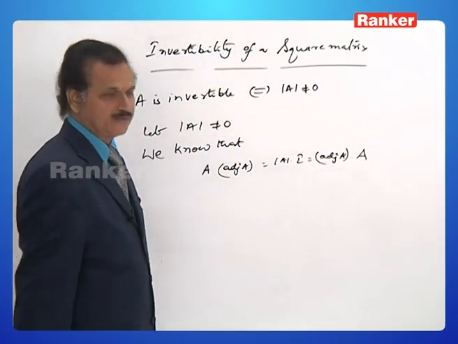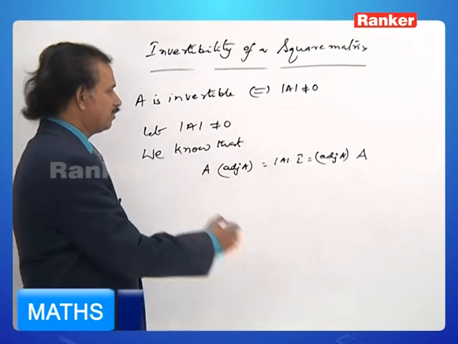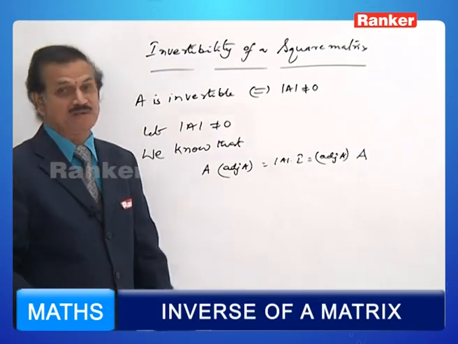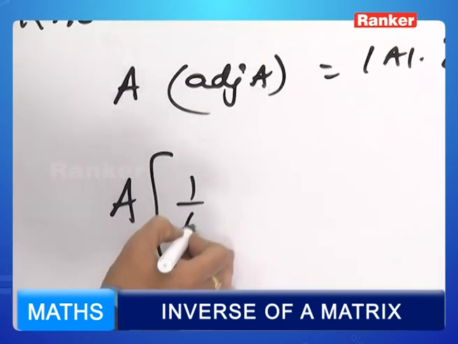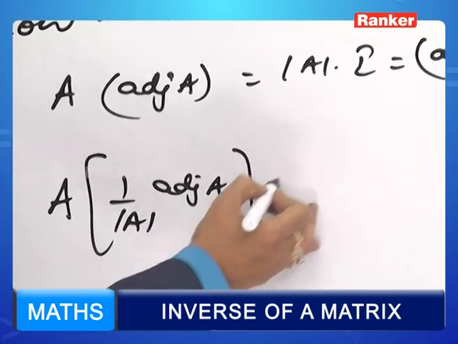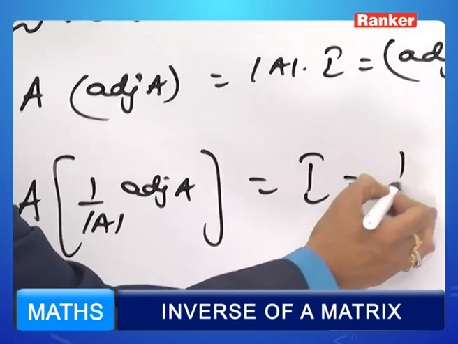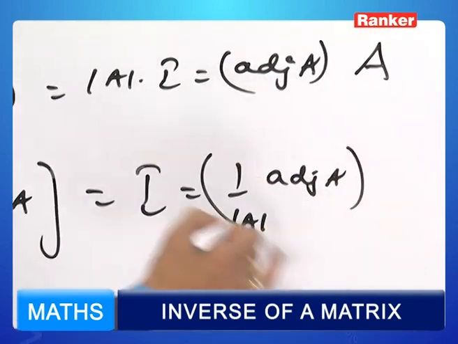We have verified. As det A is not equal to 0, I would like to multiply the entire equation with 1 by det A. What happens? A into 1 by det A into adjoint A is equal to I is equal to 1 by det A into adjoint A into A.